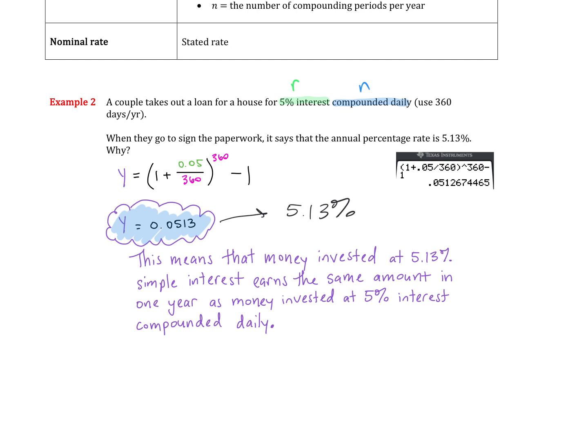So what we're doing is looking at this information up above and saying, if we were to convert that to simple interest for 1 year, what would this simple interest rate be? That's the effective annual yield, and that's how we compare it to compounding multiple times per year. If you have questions, let me know.